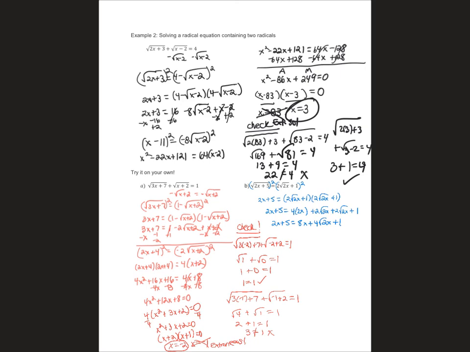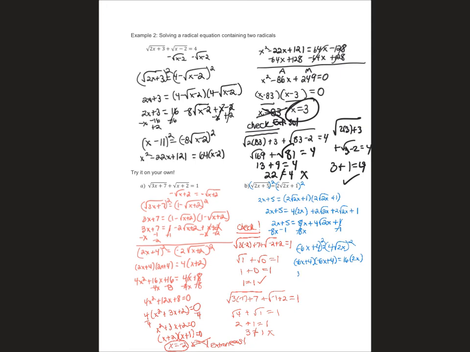Again, we have a radical remaining in this equation, so we're going to need to isolate that radical. So I'm going to begin by subtracting 1 to the other side, subtracting 8x to the other side, and I get negative 6x plus 4 equals 4 root 2x. Square both sides to get rid of the radical, and I get negative 6x plus 4 times itself equals 4 squared is 16 times 2x.